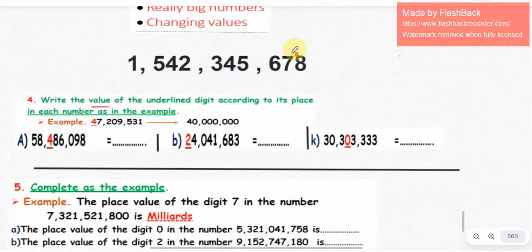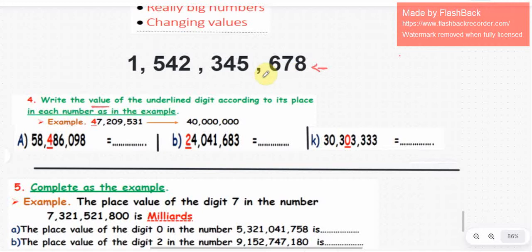Let's move to lesson number 2, really big numbers. In this lesson, we need to know how to read a big number and find the value and place value of each digit. When I read the number, first from the right, I have to put commas after 3 digits. 1, 2, 3, comma, 1, 2, 3, comma, 1, 2, 3, comma, 1.